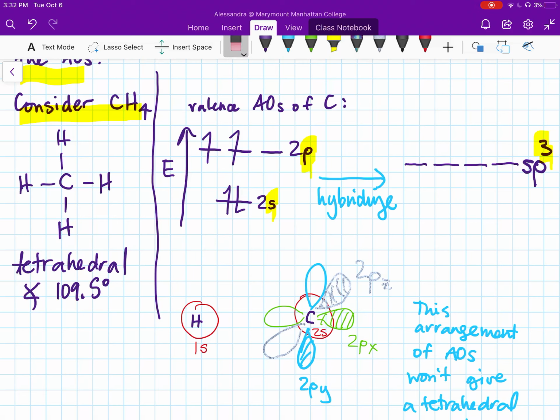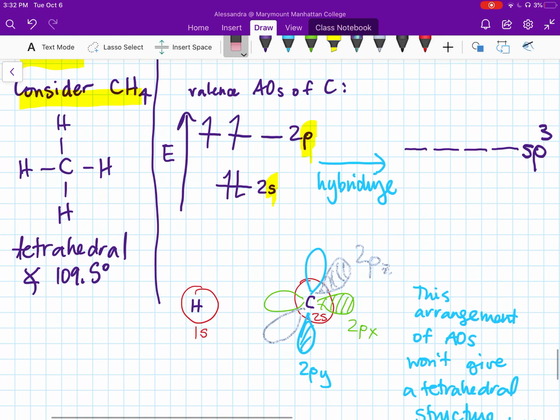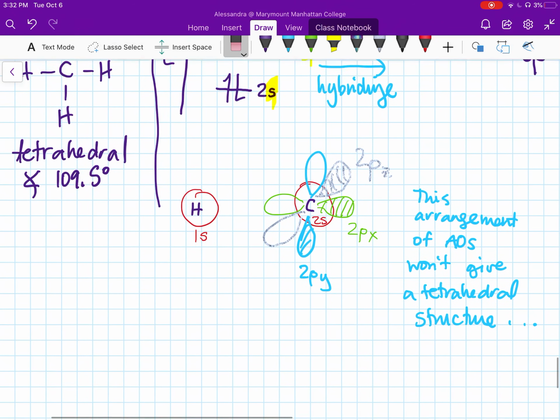If I have four of these hybrid orbitals, they can point to the four corners of a perfect tetrahedron.